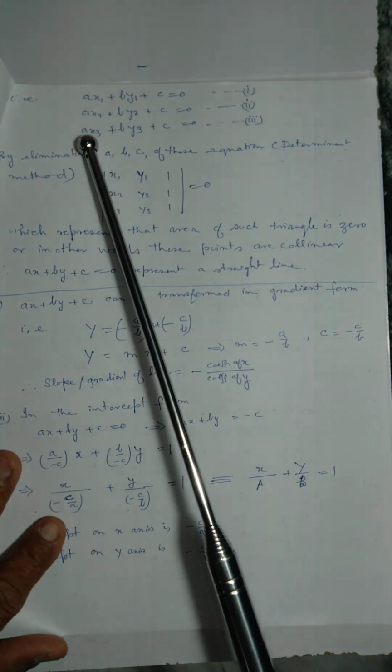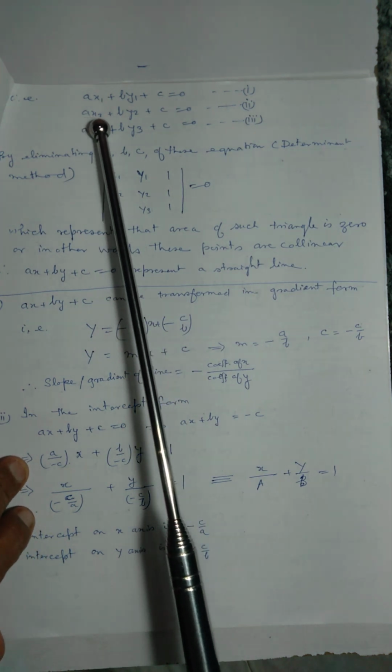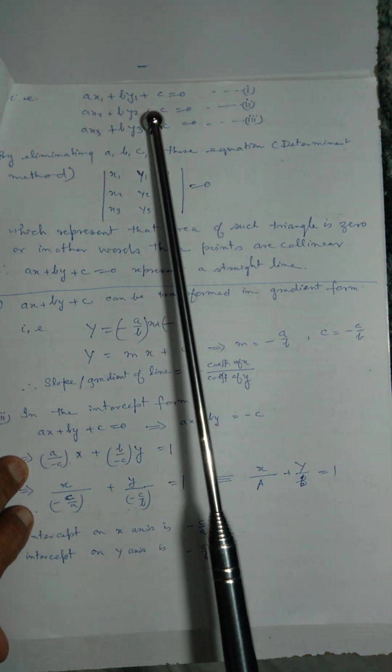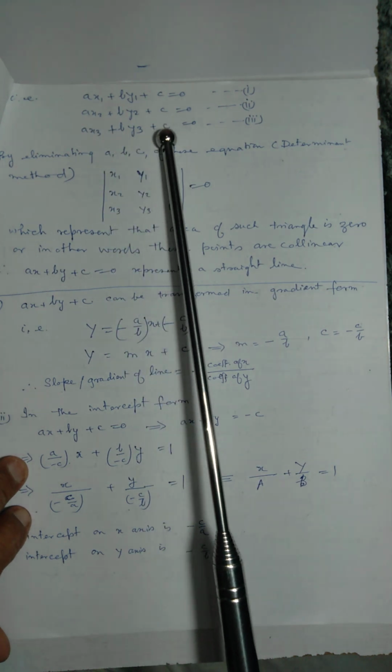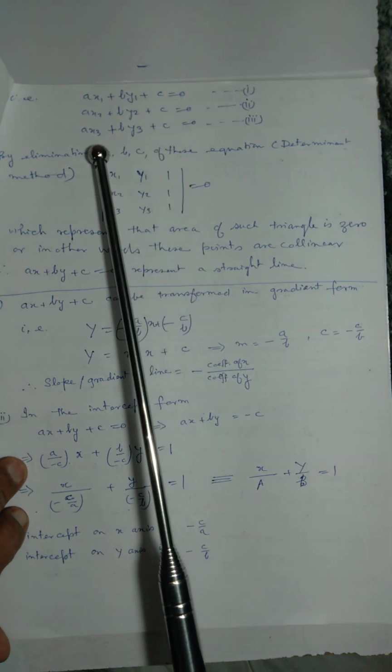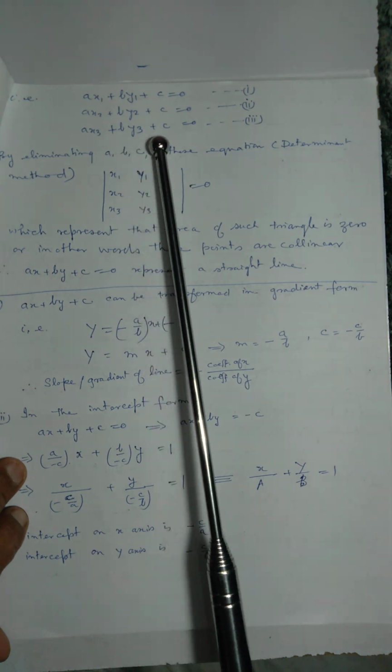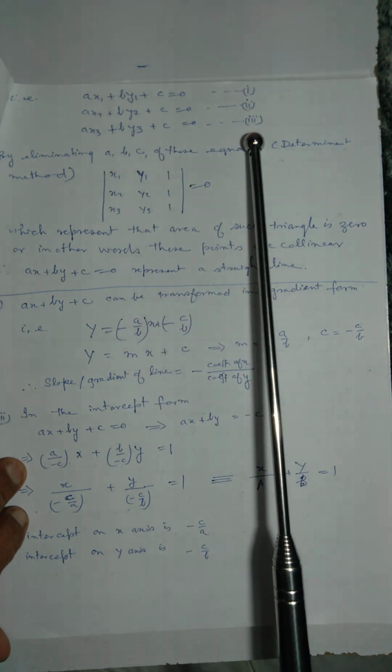Now you see the given equation, that is ax1 plus by1 plus c is equal to 0, ax2 plus by2 plus c is equal to 0, second equation, and ax3 plus by3 plus c is equal to 0, third equation.